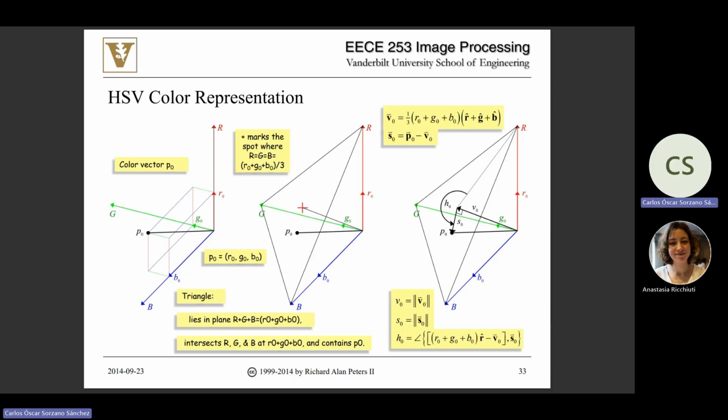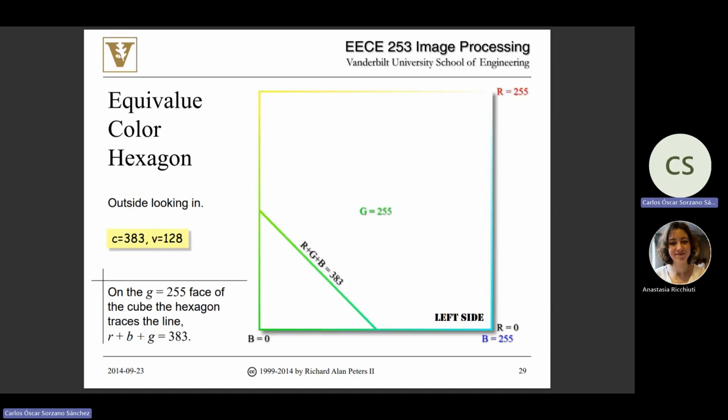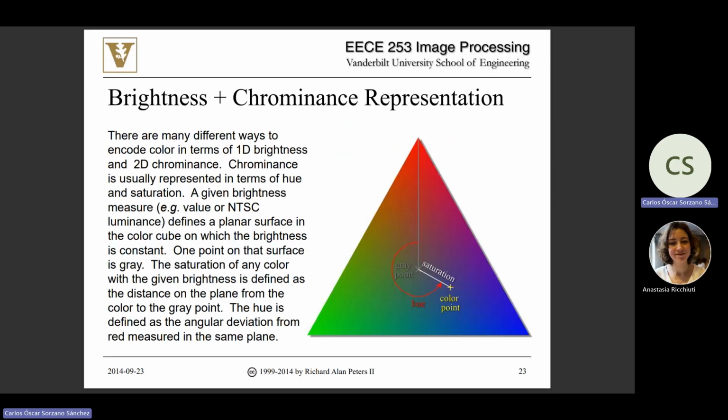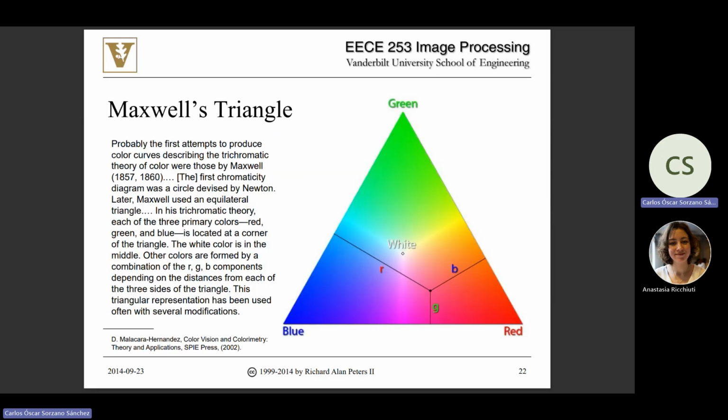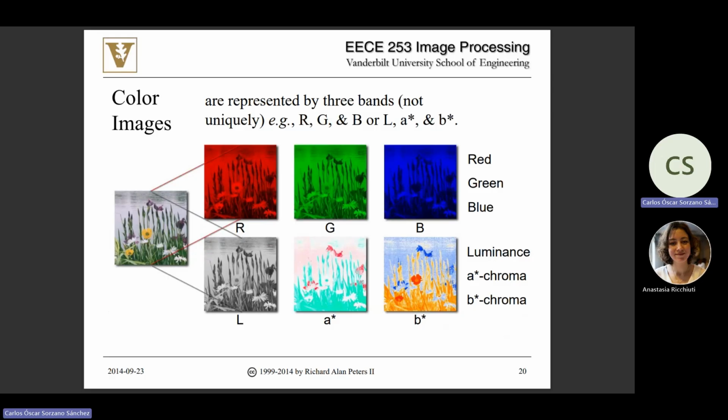Why do we use the red vector for the angle? You have to choose one. There are many choices: you have HSV, HLS, luminance and chroma, and so on.